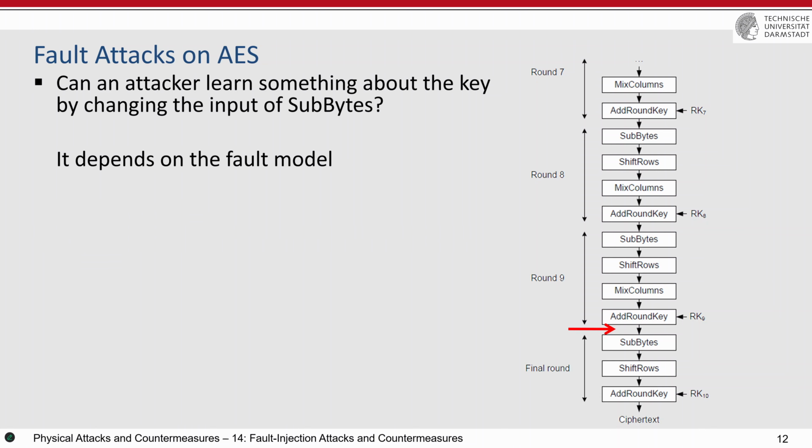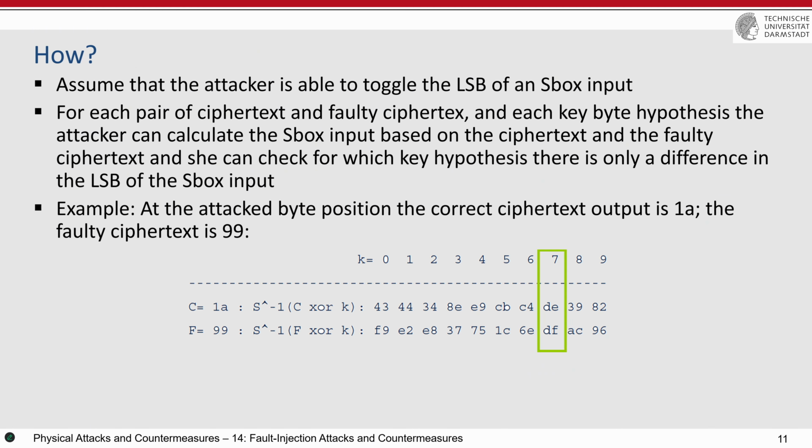Why? Because if I go back here, what we checked here was whether they actually have a difference in only one bit. If you don't make any restrictions for the delta, delta can be anything from 1 to 255. Delta cannot be 0, yeah? Because when the delta is 0, then the ciphertext and faulty ciphertext are the same, which means that you did not inject any fault.